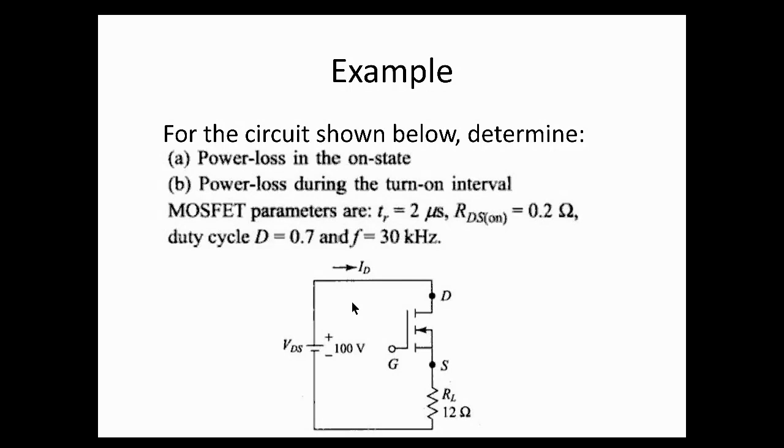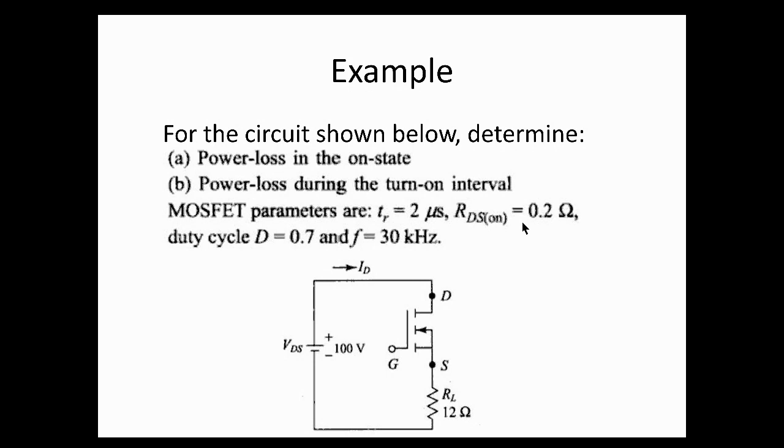And so that's ID squared multiplied by your resistance, that's 0.2 when it turns on. And of course you can multiply that now by the time that it has been on for, the on time. That will be the duty cycle multiplied by the period. That will give you the on time.